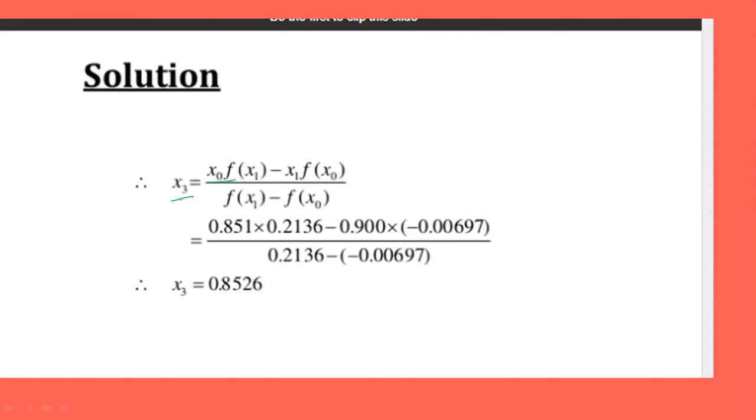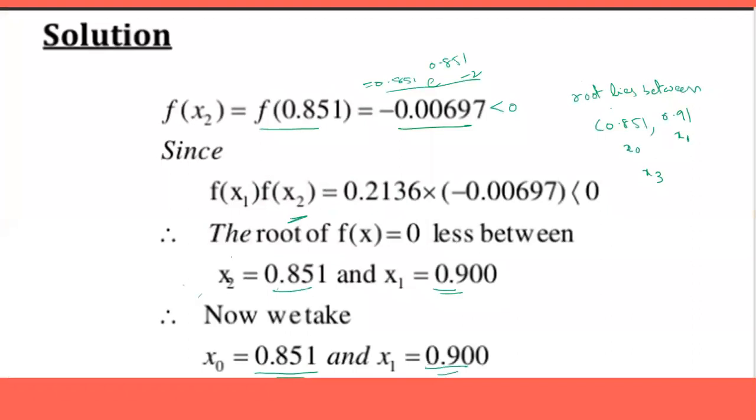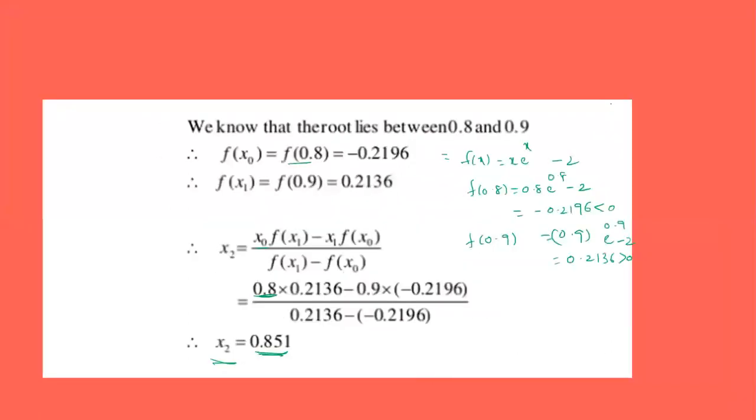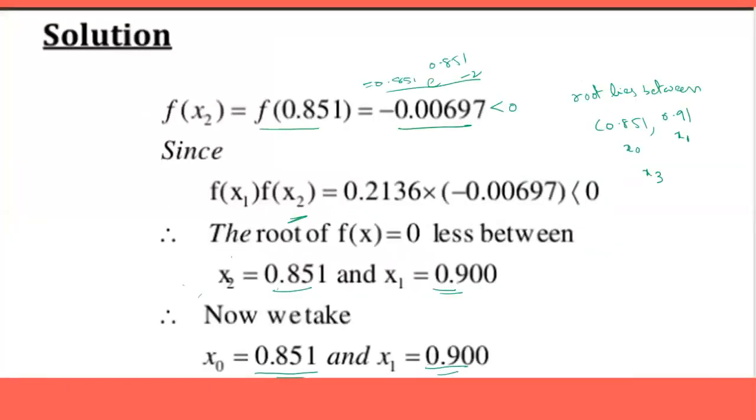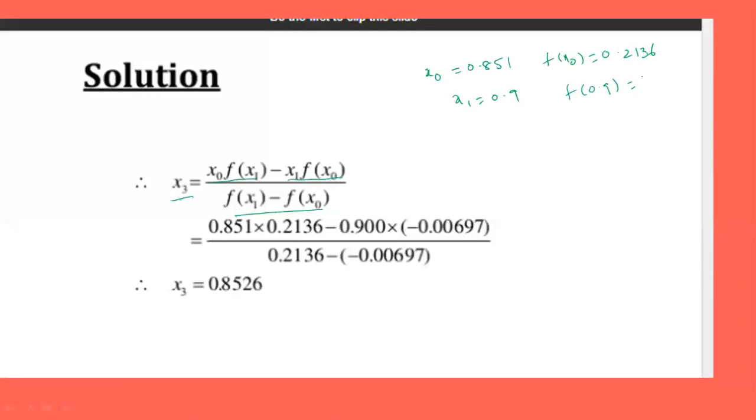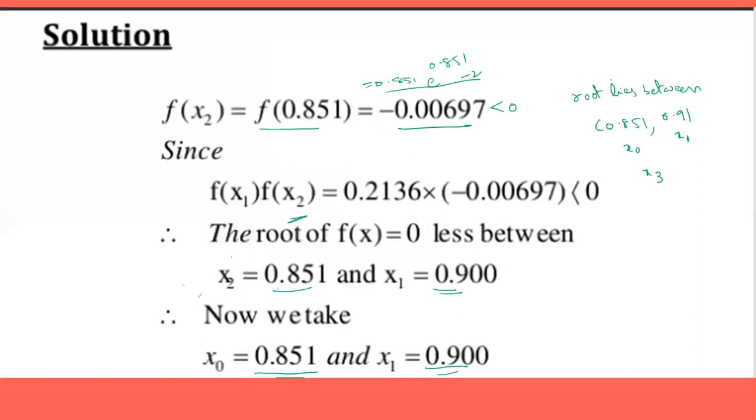x3 is x naught f of x1 minus x1 f of x naught by f of x1 minus f of x naught. What is your x naught here? 0.851. Your x1 is 0.9. Your f of x1, that is f of 0.9, is 0.2136. And what is f of x naught?